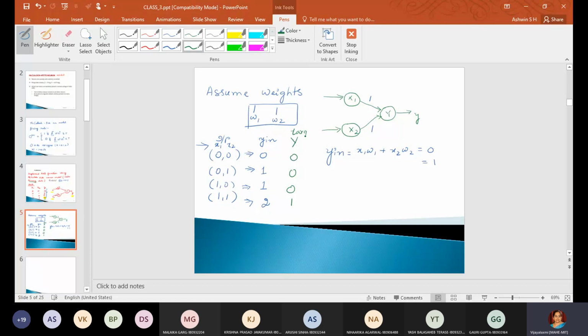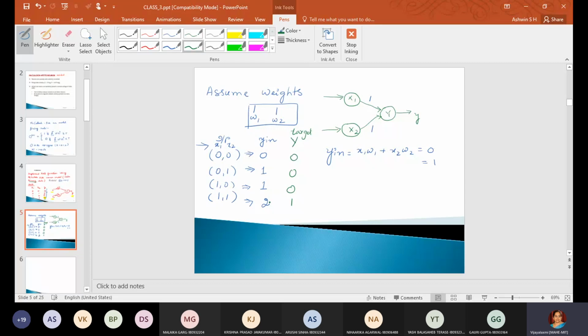So if you compare, it is clear that if we set the threshold value theta to be 2, then whenever the input is greater than or equal to 2, the neuron fires, else it does not. Because see, here it is 0 1 1 and here it is 2.